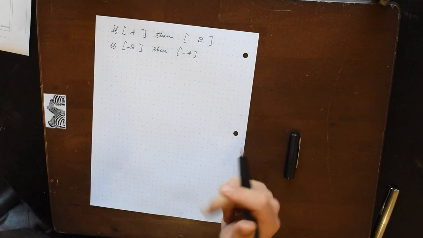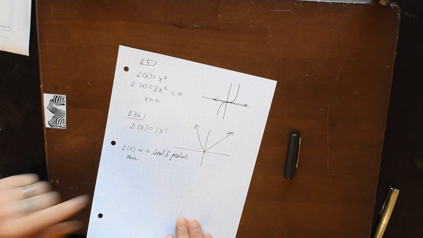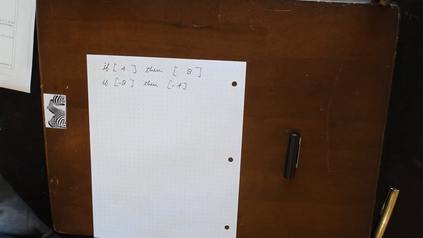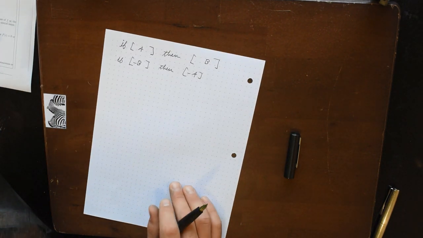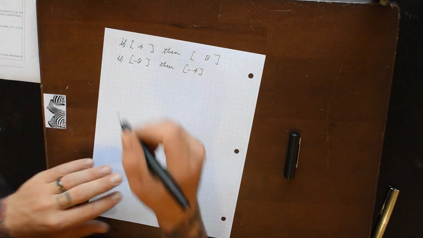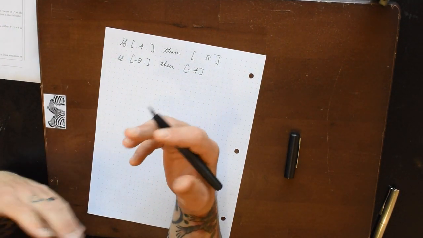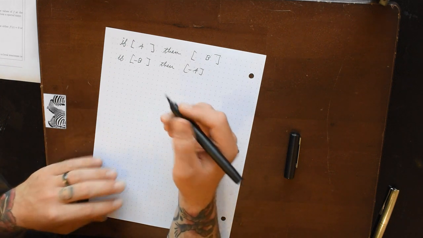So Fermat's theorem says that if f has a local maximum or minimum at c, and f prime of c exists, then f prime of c equals 0.